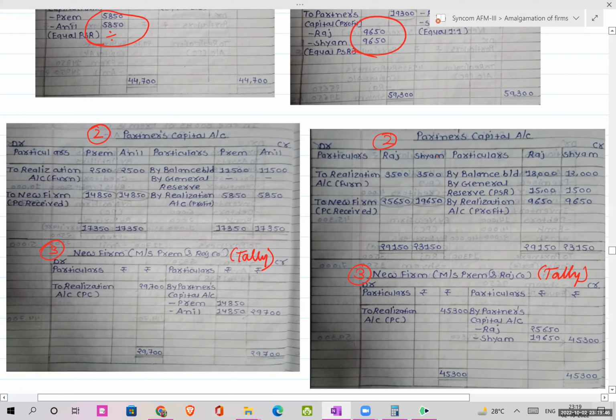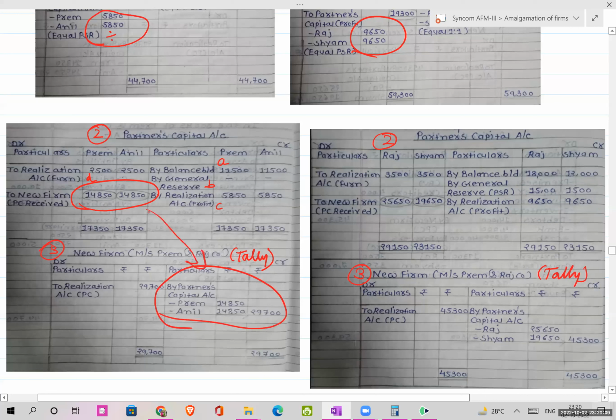Okay, so what are you doing first? You are first transferring your opening balance. Then if there is any reserve, then you are transferring your profit on realization. You are transferring your furniture's second effect. And then you have to close this ledger. This will be your PC received, whose second effect you will be transferring here.